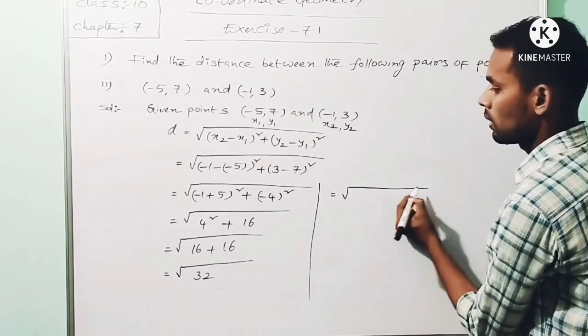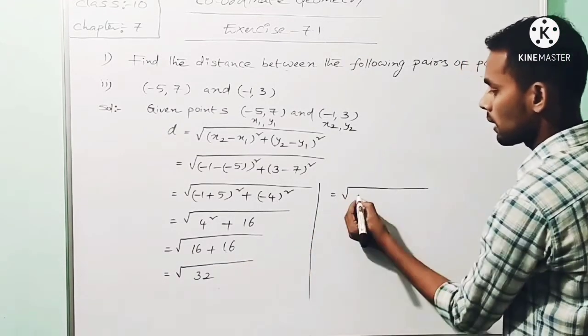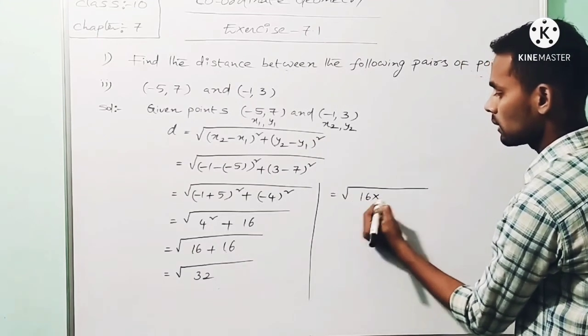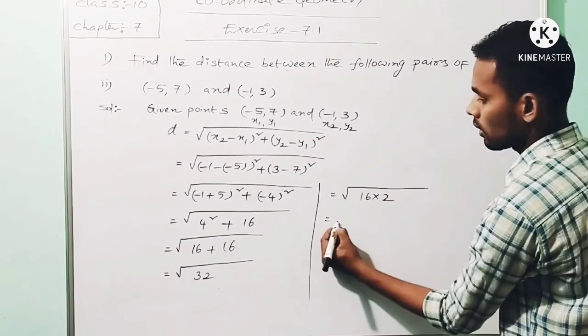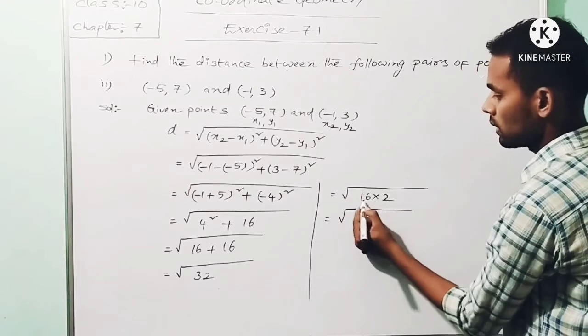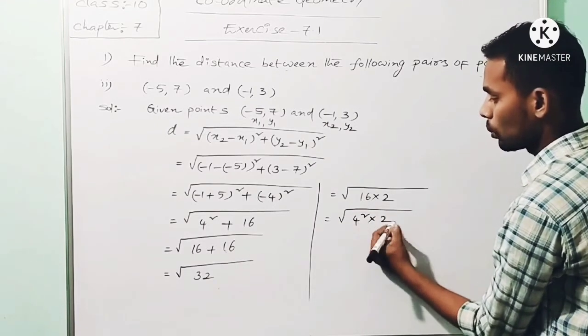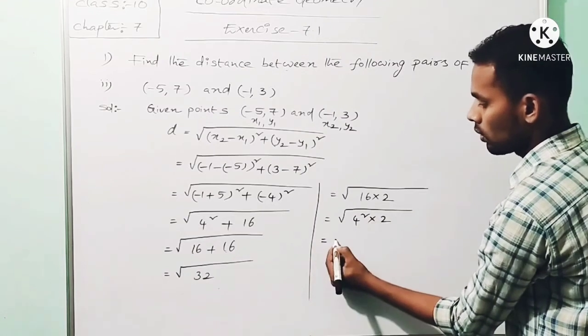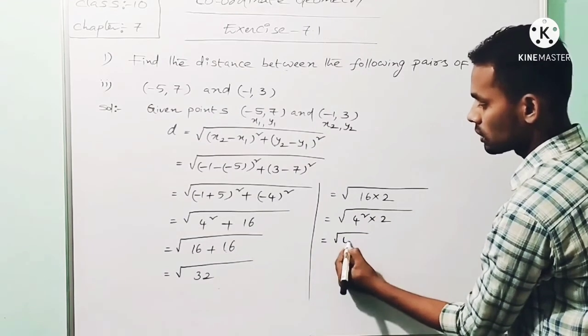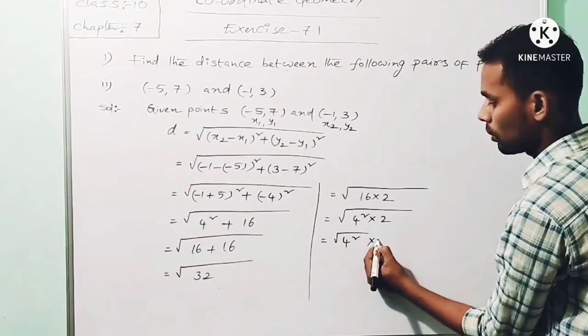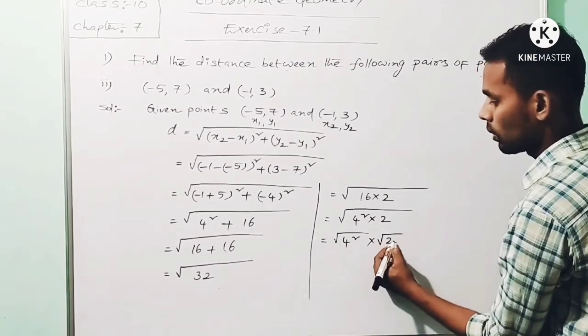Square root of 32 can be written as 16 times 2, 32, is equal to square root of 16 can be written as 4 square, into 2, is equal to square root of 4 square into square root of 2.